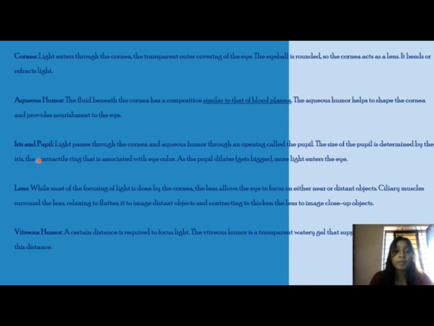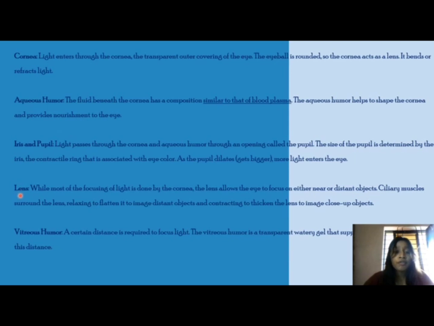Iris and pupil. Light passes through the cornea and aqueous humor through an opening called the pupil. The size of the pupil is determined by the iris, the contractile ring that is associated with eye color. When the pupil is dilated, that is, gets bigger, more light enters the eye. Lens.